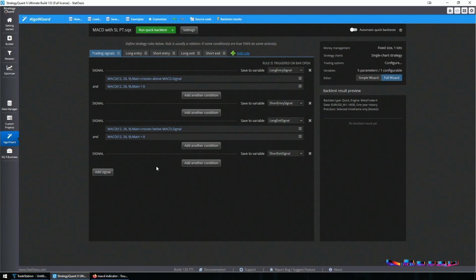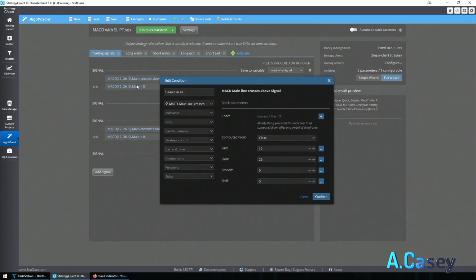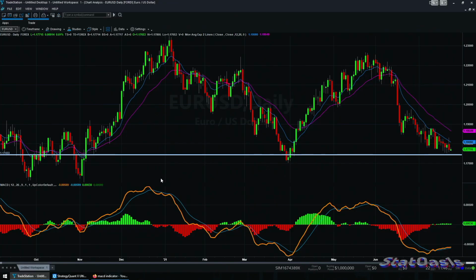Most of the channels use this signal, which is the MACD, the default numbers: 12 period for the fast EMA, 26 period for the slow EMA, and 9 period for the smoothing average, which is exactly the same as this.